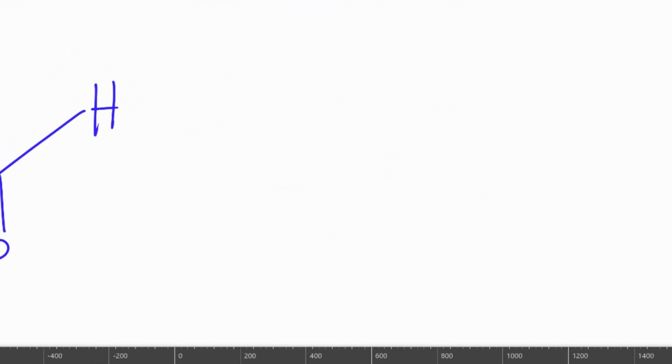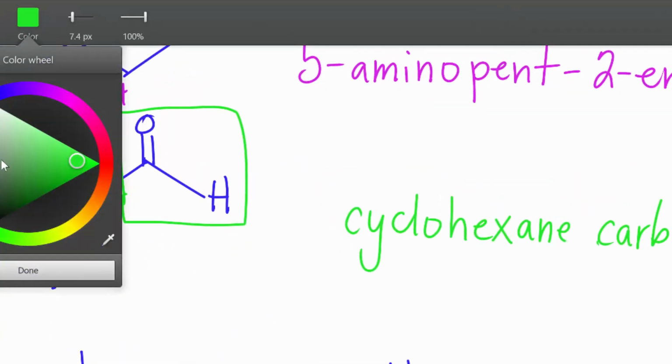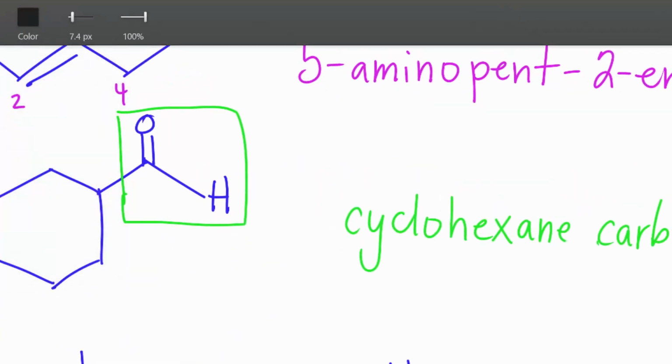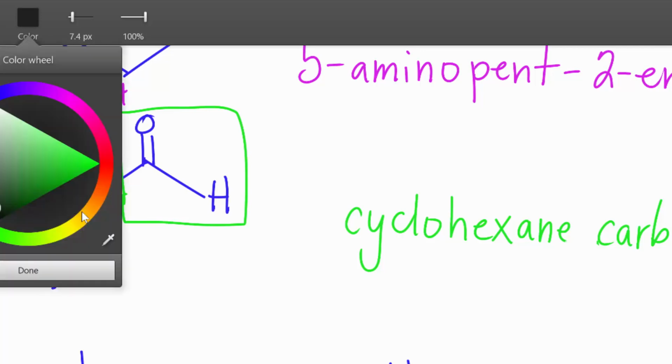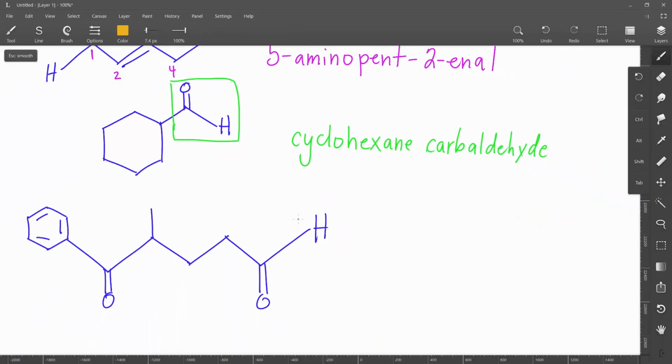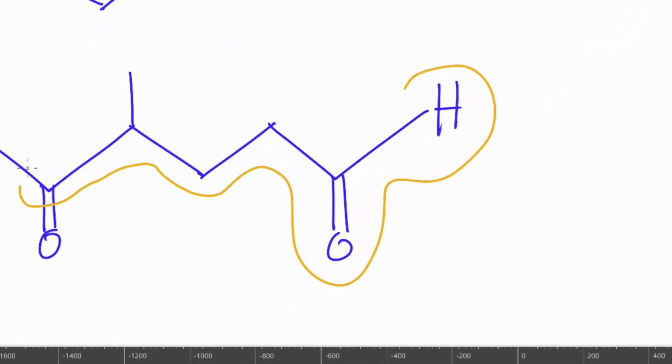Okay, last example. A few more substituents. We can go through and circle our parent chain.